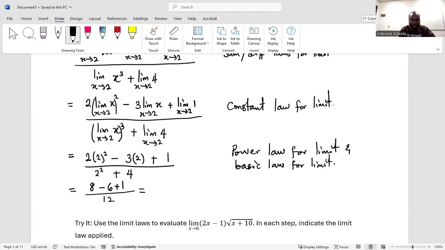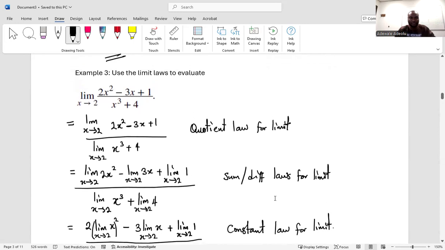So that is 2 raised to power 2, 4 times 2, 8, minus 6 plus 1, divided by 8, 2 raised to power 3. That is 8 plus 4, 12. So that is 3 over 12, and that is 1 over 4. So our answer is 1/4.